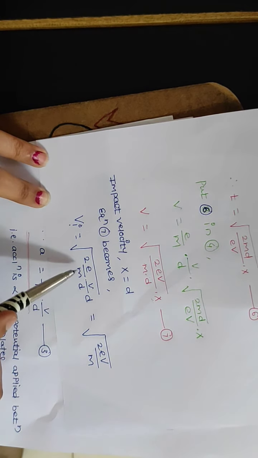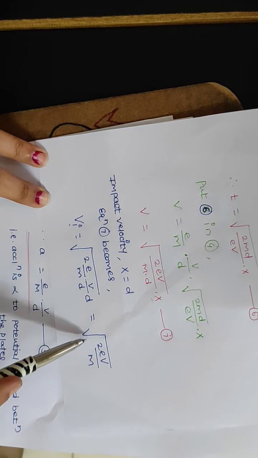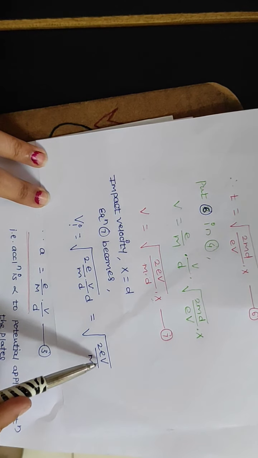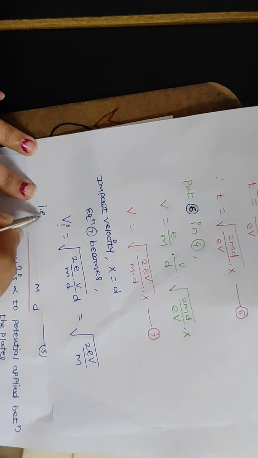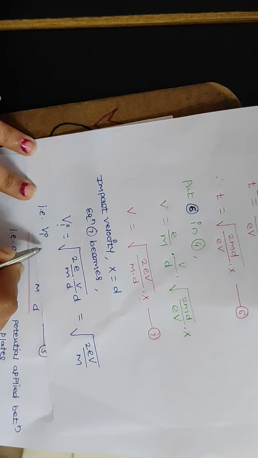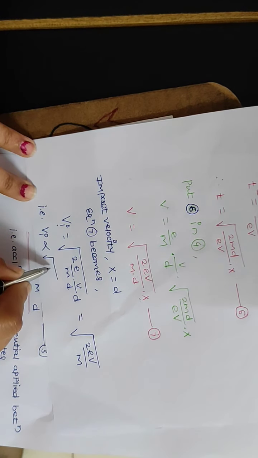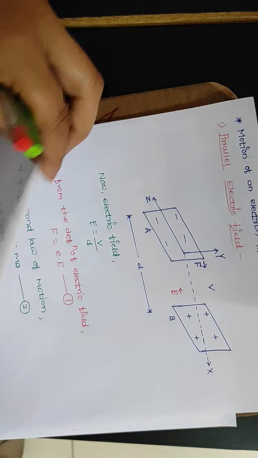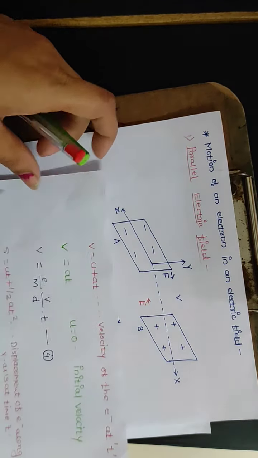Okay, so after solving we get the final equation Vi is equal to root of 2eV divided by m. So from this equation we can say that the impact velocity Vi is proportional to the square root of potential difference V. So this is about the motion of an electron in a parallel electric field. Thank you.